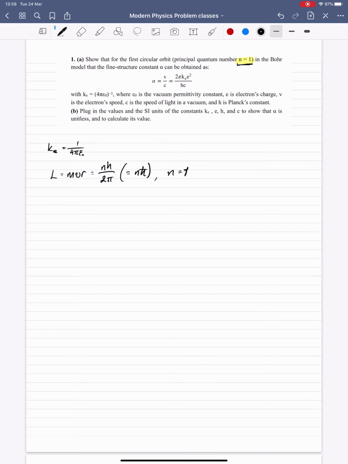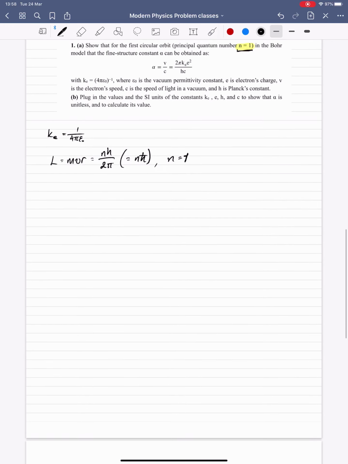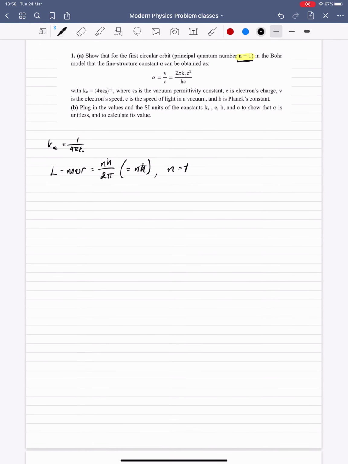Remember, the Schrödinger equation is a non-relativistic treatment of an electron that has no spin. However, to get a more accurate representation of what's actually happening to the electrons within an atom, we need to treat it as a relativistic particle that has a spin, and this is where the fine structure constant comes in.